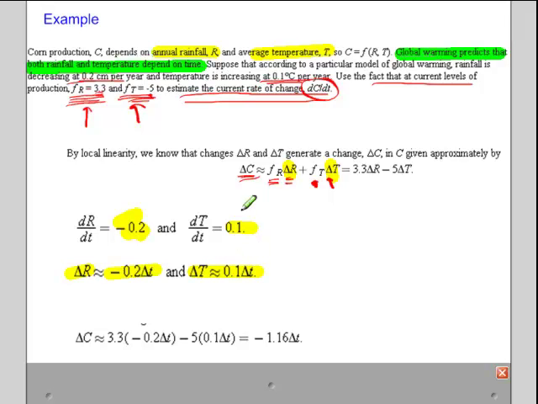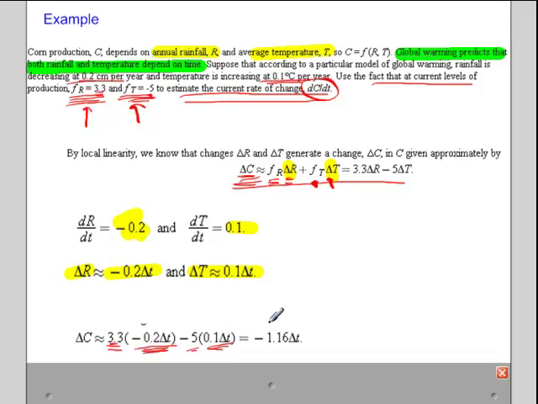So we could restate this change in corn equation to being 3.3, which is the change in corn when rain changes, times -0.2 delta t, which is our change in rain over time, -5 from the change in corn production when temperature increases, times 0.1 delta t, which is our increase in temperature.